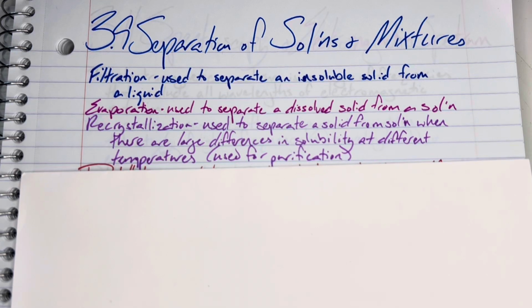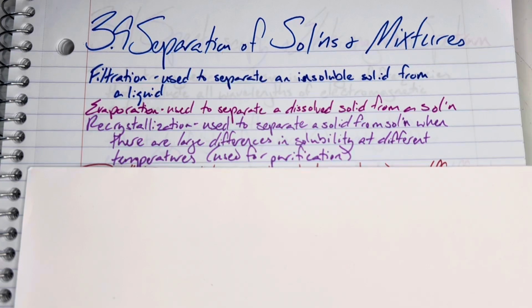You also have recrystallization. Recrystallization is used to separate a solid from a solution when there are large differences in solubility at different temperatures. This is also used for purification.